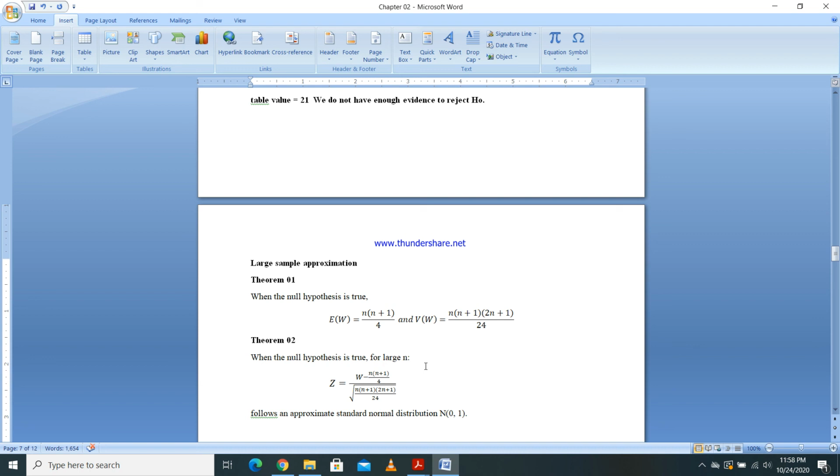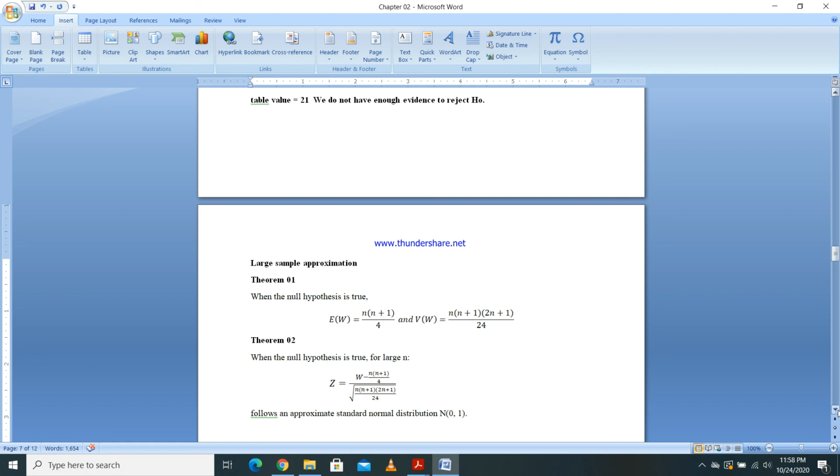What you have to do is take your test statistic, subtract the mean value. So W minus the mean value, n into n plus 1 over 4, and divide it by the standard deviation. If this is the variance value, you have to take the square root. When you do that, this will follow a standard normal distribution.